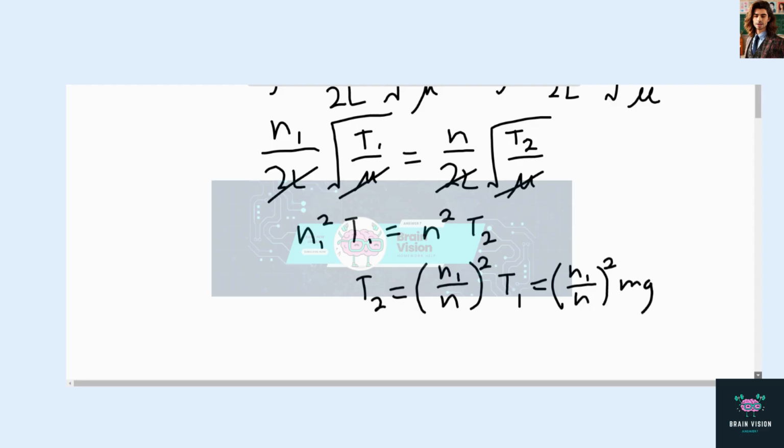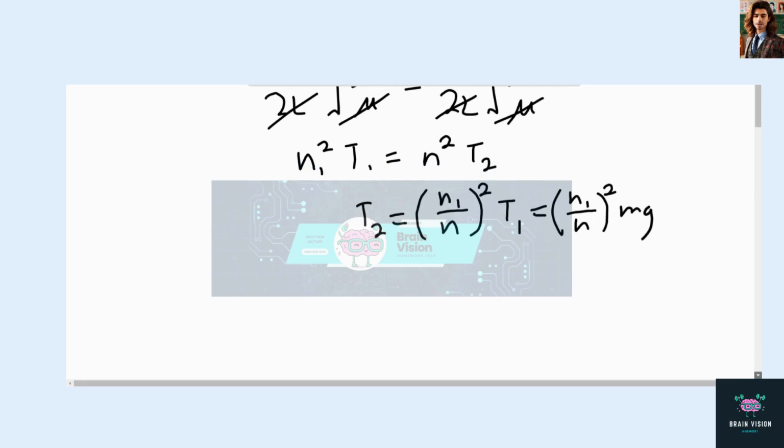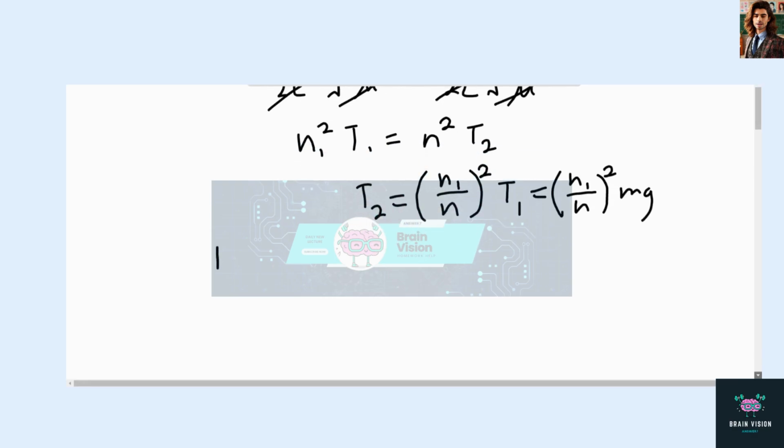Now, what we do from here is we can substitute this formula into our formula for the buoyant force. If we remember, we said that B is equal to mg minus T2. Well, now we have a formula for T2, so we can substitute that in.